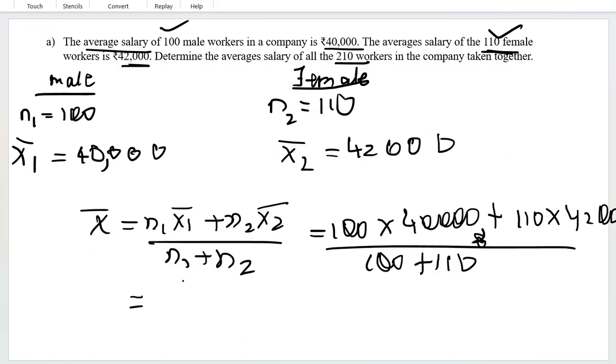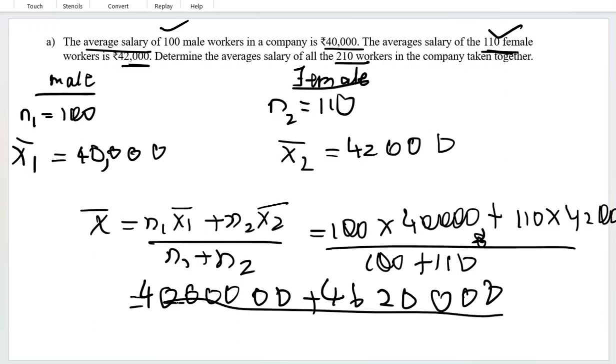Calculations will tell us that this is nothing but, two more zeros will add, this will be 462 and 4 zeros upon 210. Doing the further calculation, we get the answer as 41047.61. This solves the problem.